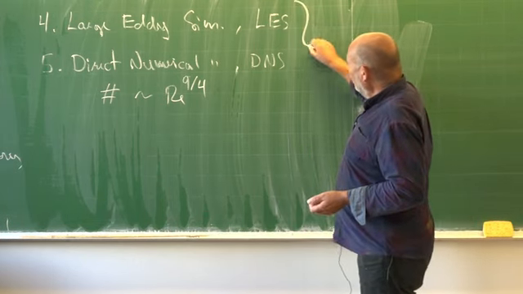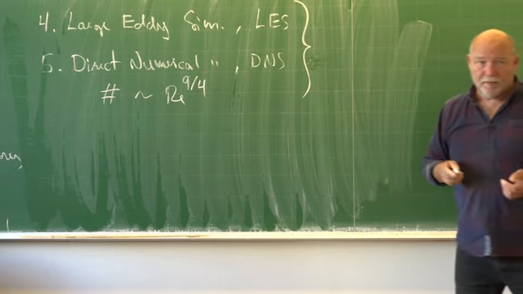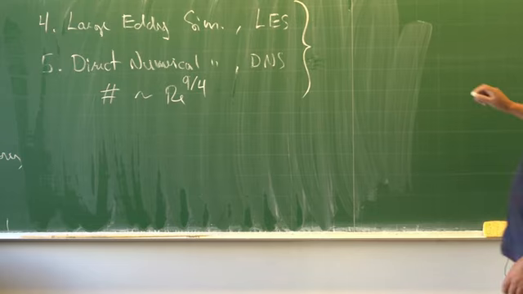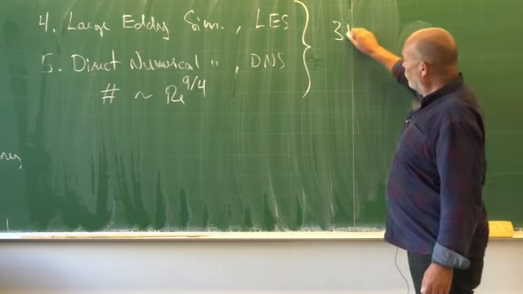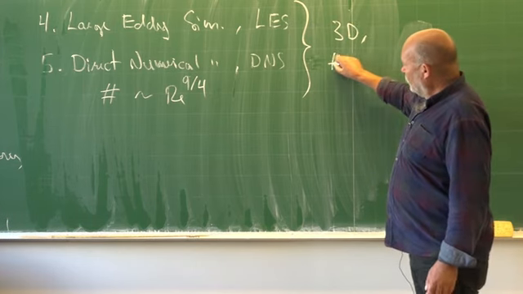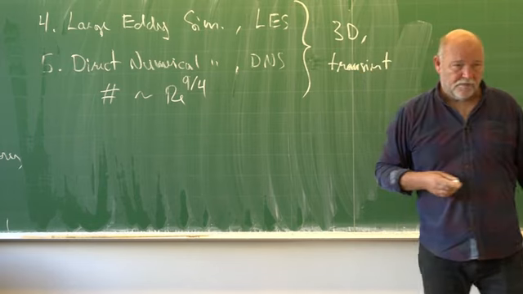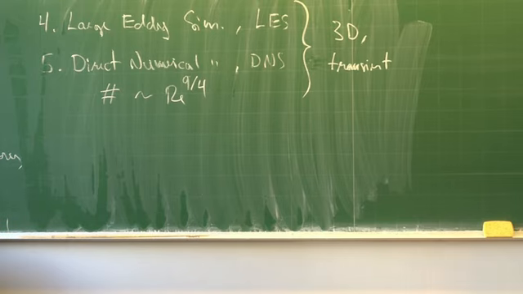One important thing for these two families: you can't cheat anymore. So here you have to simulate 3 dimensions. They have to be 3D, and they have to be transient. You can't avoid that if you want to have it correctly.